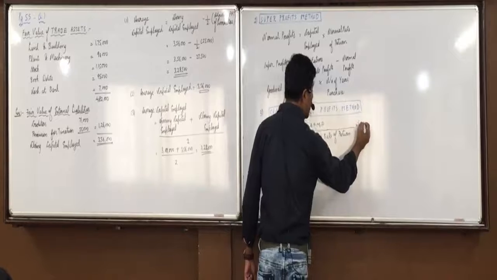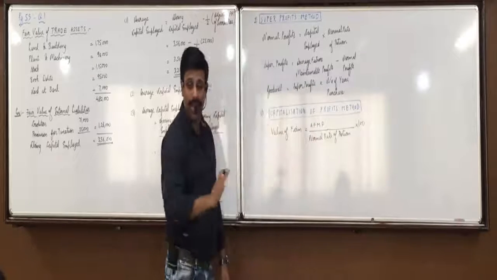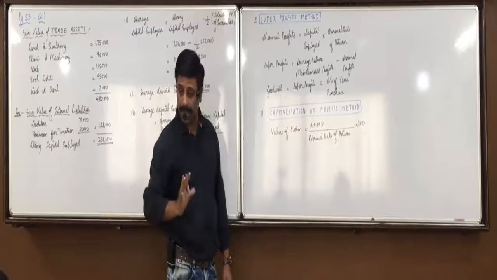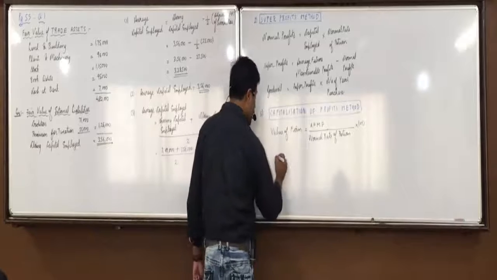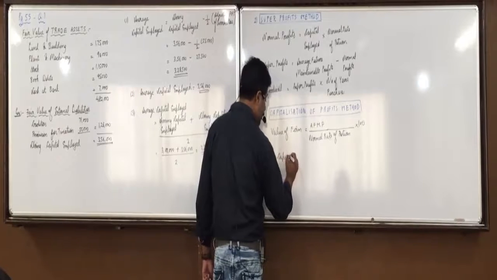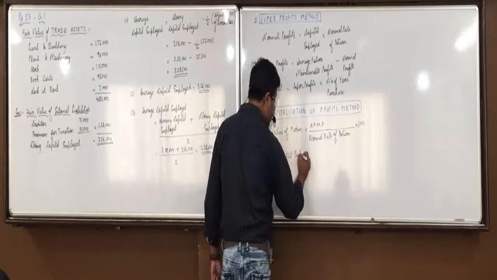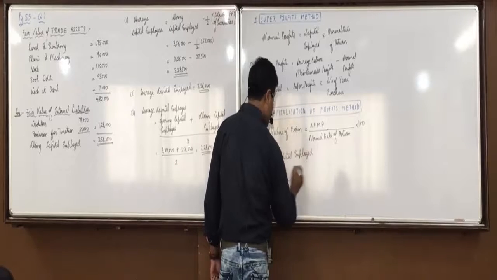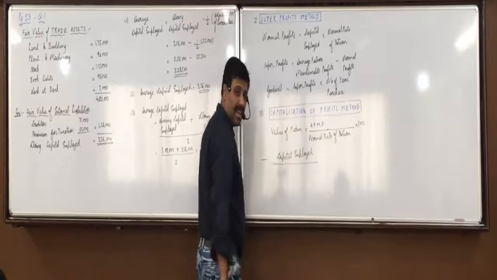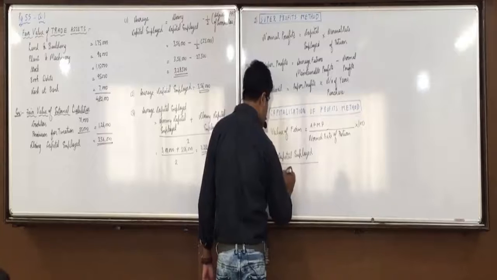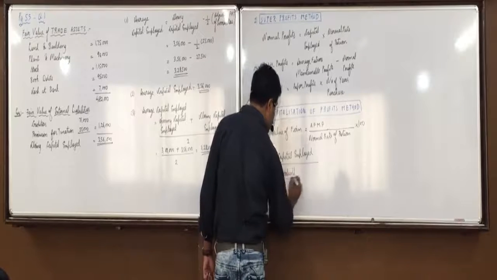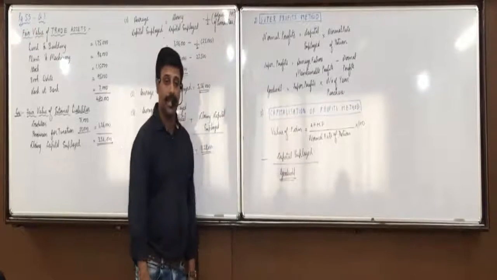This would be the value of your firm, meaning this should be your capital invested, 6,66,667. From that you minus your capital employed. But you have invested only 5 lakhs. So the remaining amount is your goodwill. Did everyone understand this?